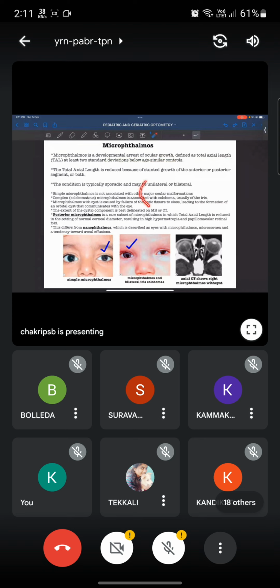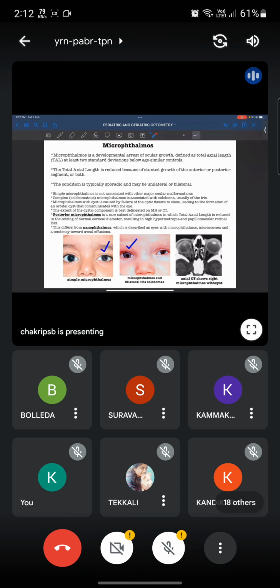Axial length means the anterior cornea to the posterior retina. So total axial length means cornea to the retina. It is not fully developed in microphthalmos. Micro means small.